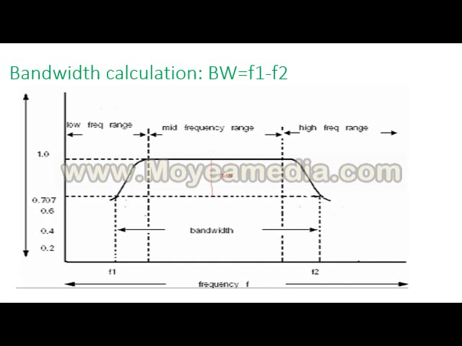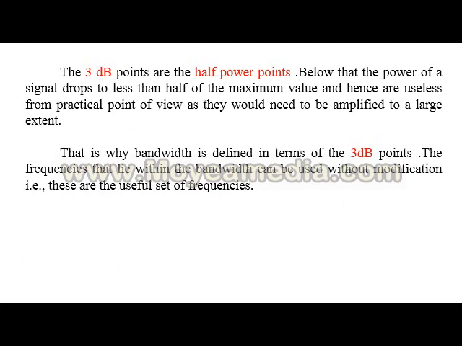Remember, we have taken 3 dB down from the maximum value and we got the 0.707 point. This 0.707 point is called the 3 dB point or half power point.